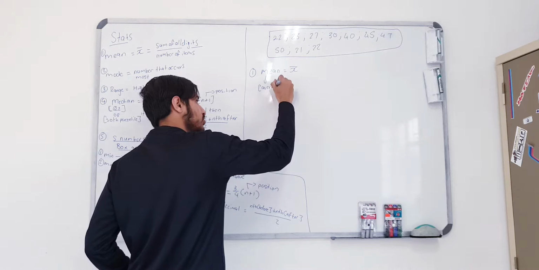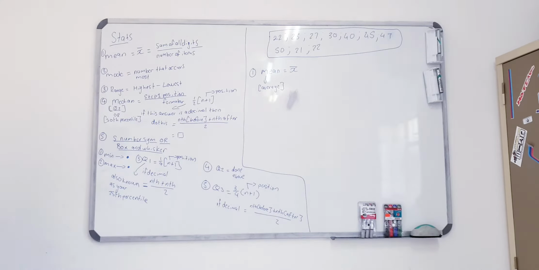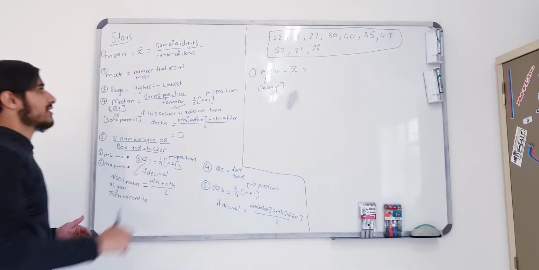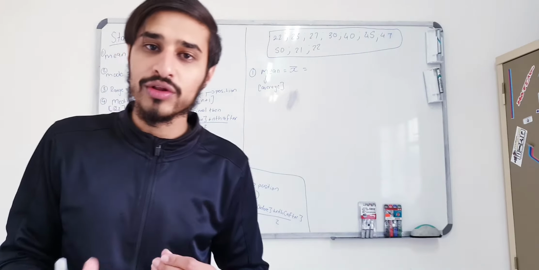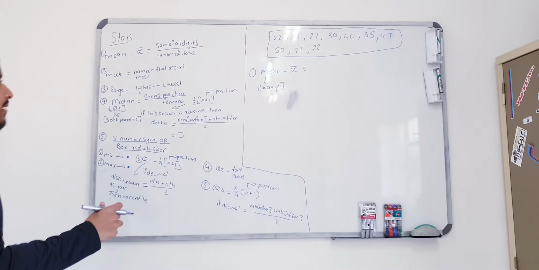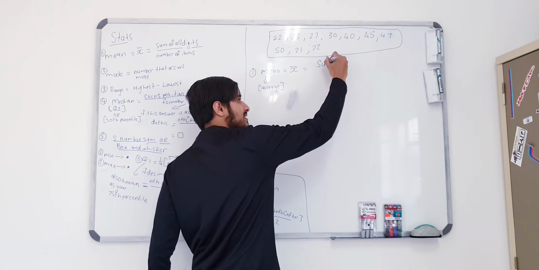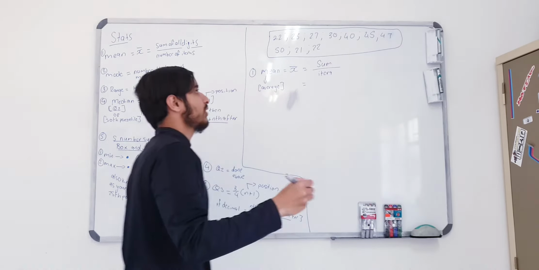Now that you know your average is what you need to calculate, let's see our formula. It's the sum of all the digits divided by the number of items. So let's go ahead and calculate our sum.